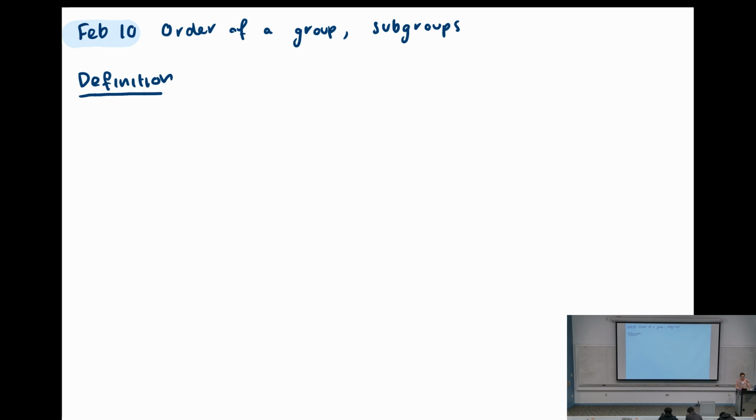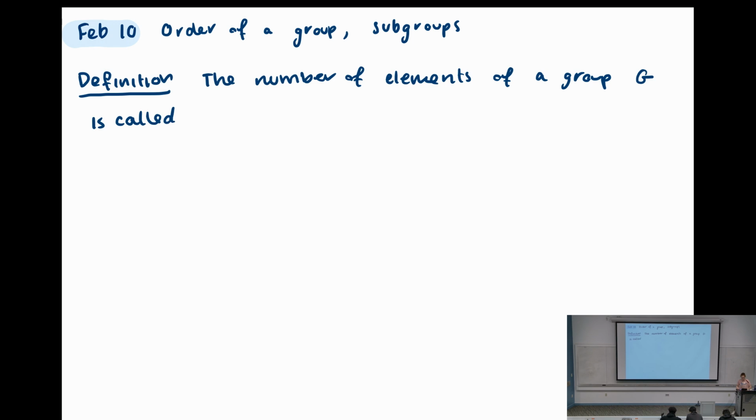So we'll define the number of elements of a group G to be called the order of G. And note that this could be infinite.